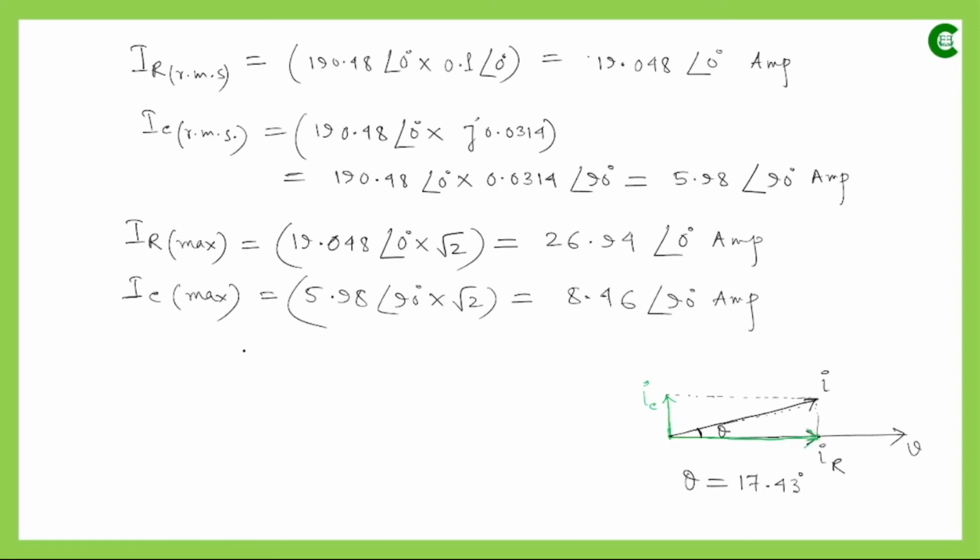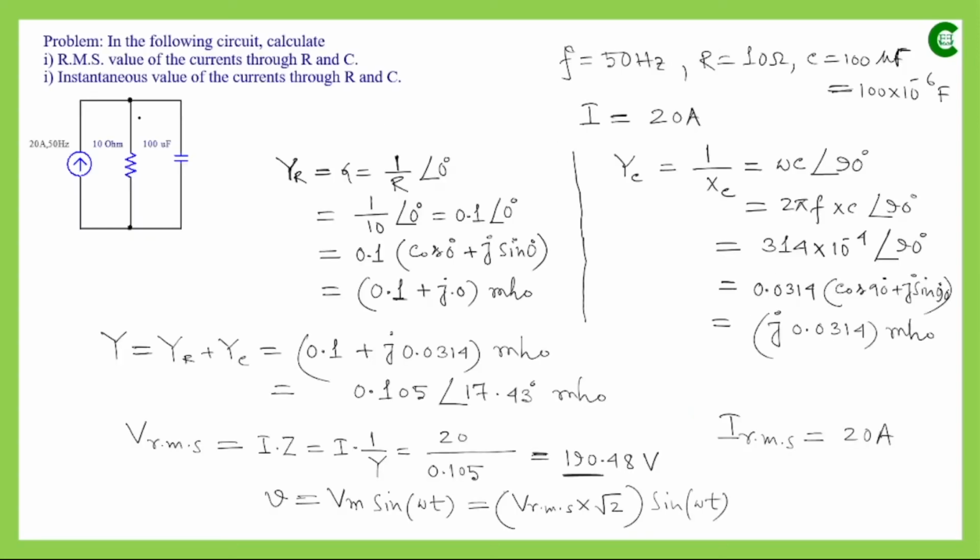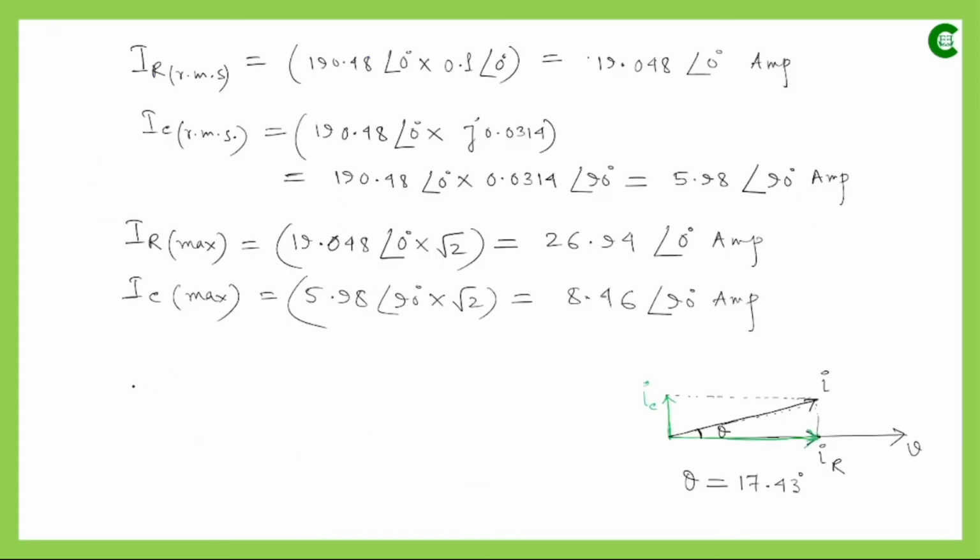Now these are the maximum values and RMS values we have calculated. This was the first question, and the second question was the instantaneous expressions for those individual currents. If we express IR and IC individually, the maximum value through the resistance gives IR equals 26.94 sine omega t ampere.